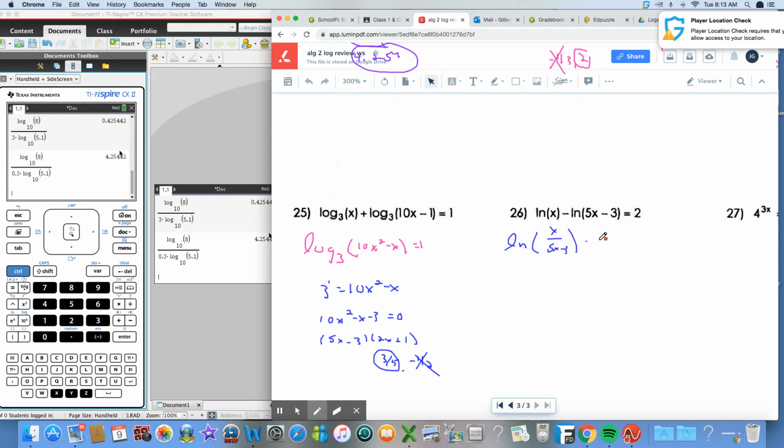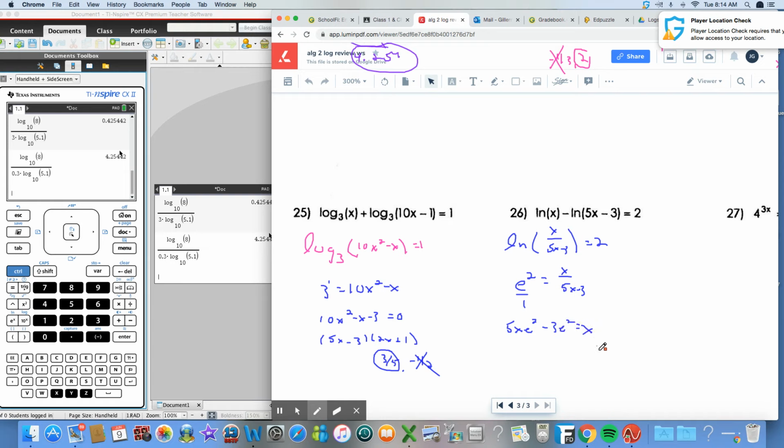So we write this as e squared, because that's the exponent, equals x over 5x minus 3. This is really over 1, so I cross multiply. So that's 5x e squared minus 3e squared equals x.